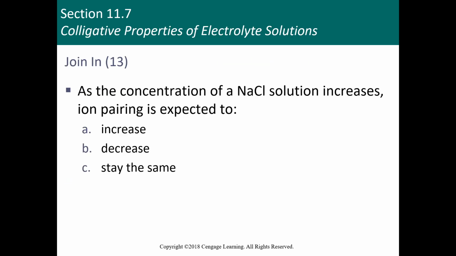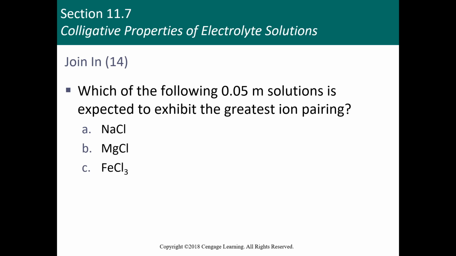All right, so as the concentration of NaCl solution increases, ion pairing would be expected to what? If you have more ions in closer proximity, you would expect the ion pairing to increase. They'll bump into each other more often and spend more time paired up. Which of the following 0.05 molality solutions is expected to exhibit the greatest ion pairing?